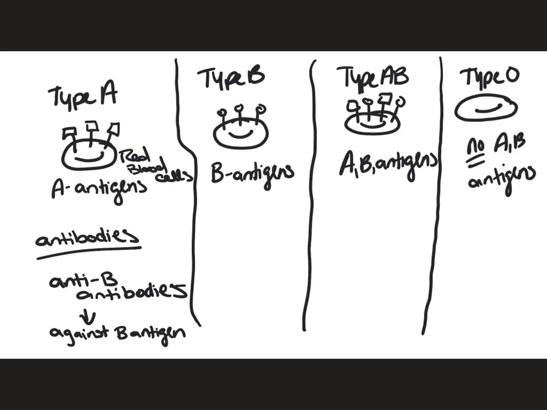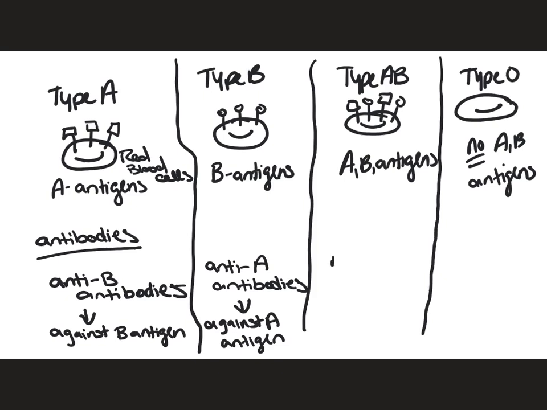And that's not a good thing because if this person comes into contact with type B blood, then there's going to be a reaction between those antibodies that are in their body and that B antigen on there. Because remember, antibodies bind to antigens. A type B person has anti-A antibodies, okay? And again, that's against the A antigen. Now, here's something interesting because type AB has both antigens found on the surface of its red blood cell.